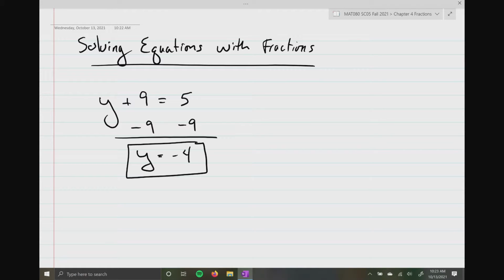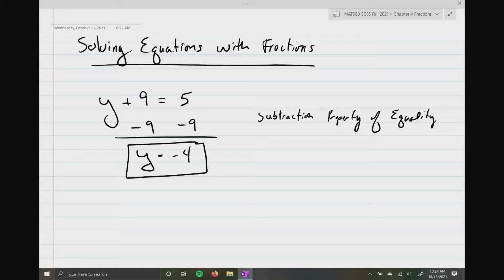Could you say it again, please, teacher? Yeah, I'm sorry. It is called the subtraction property of equality. And we would have learned that all the way back in, I think, chapter 2 in the language of algebra.